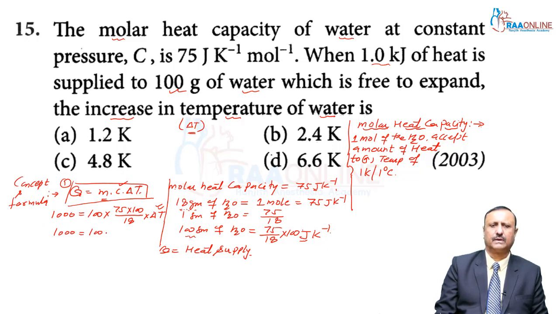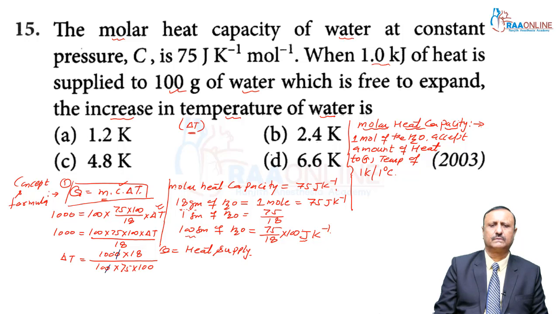1000 into 100 into 75 into 100 into delta T upon 18. So, you can solve this delta T: 1000 into 18 upon 100 into 75 into 100.